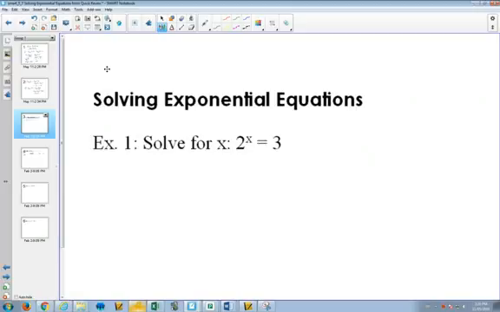So up till now, we've been solving exponential equations by getting the bases the same. As far as solving exponential equations, we have one method so far.